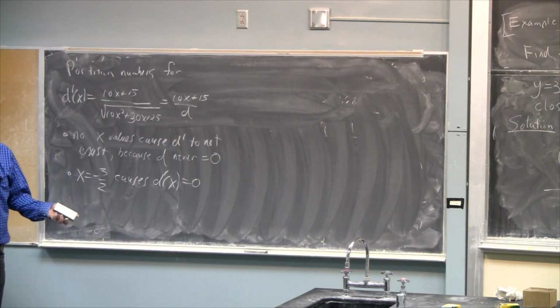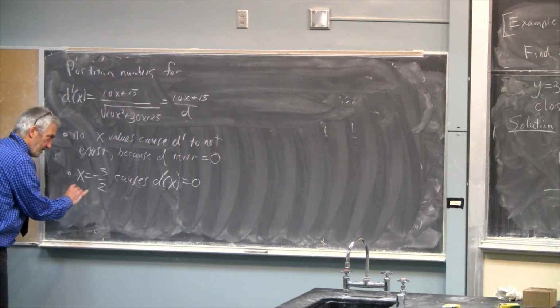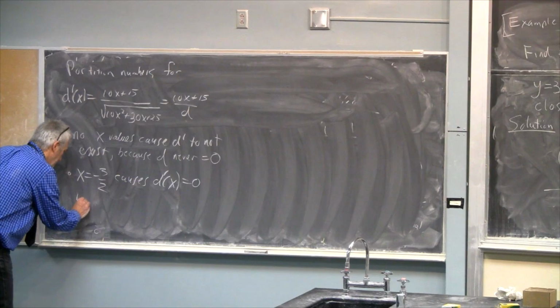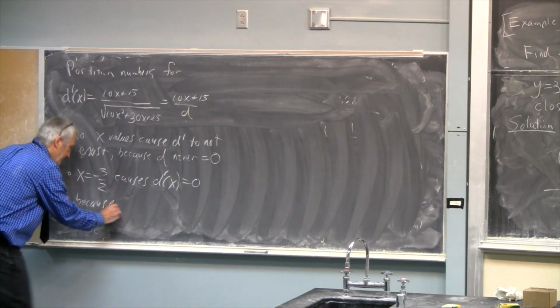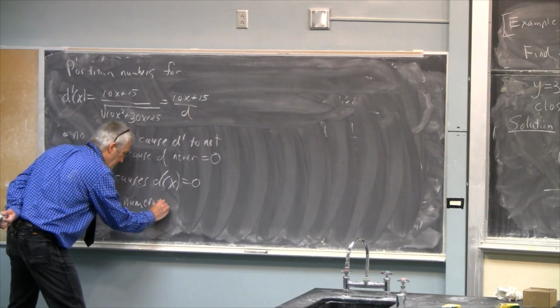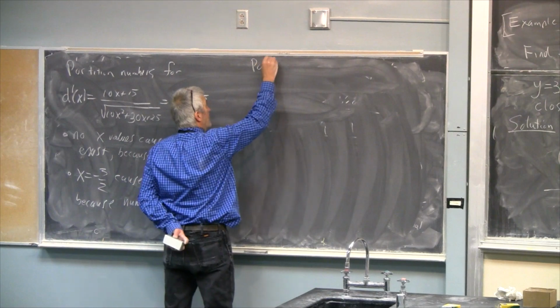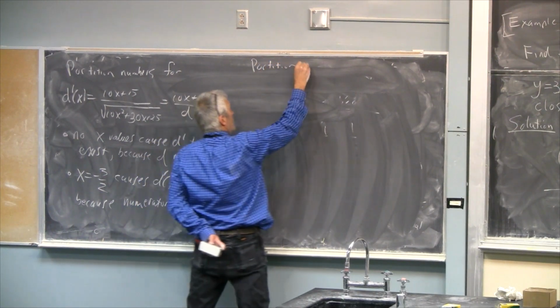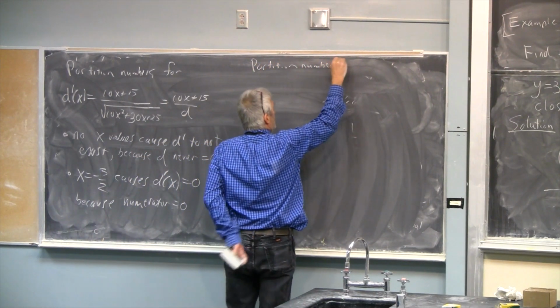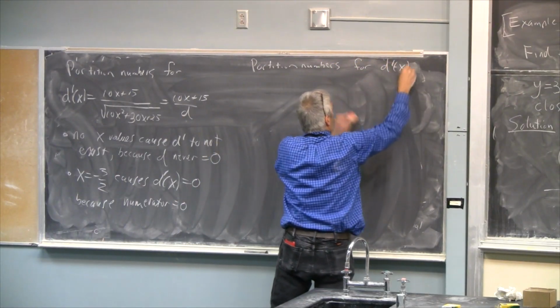But we don't have to worry about the denominator because it's never 0. So this causes d prime to be 0 because the numerator equals 0. So the partition numbers for d prime are just that one.